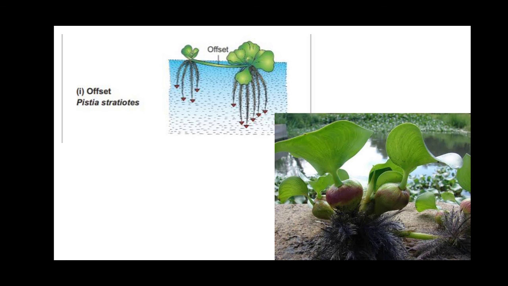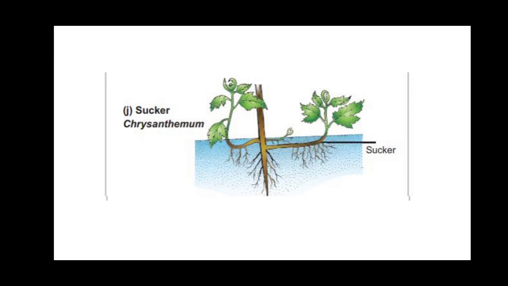Okay, and that offset grows, and they are comparatively shorter in comparison to the case of stolons, but they grow completely large and big, and we find that they start producing a large number of individuals from them.